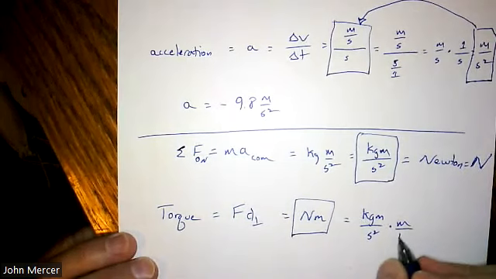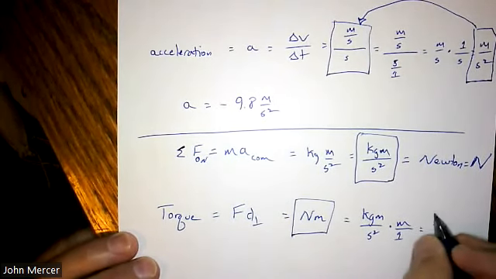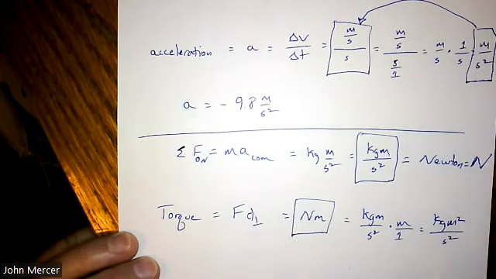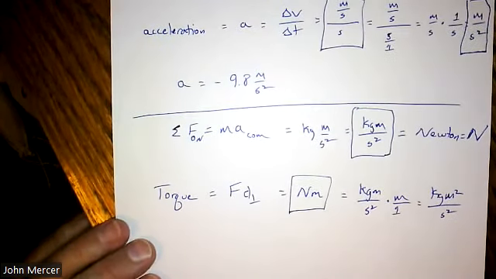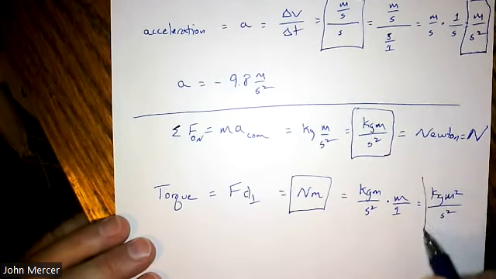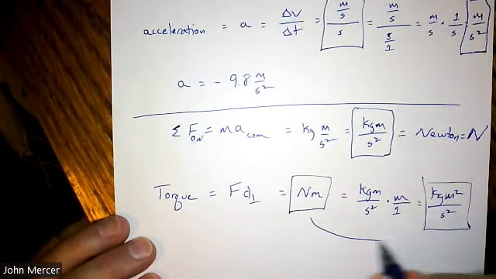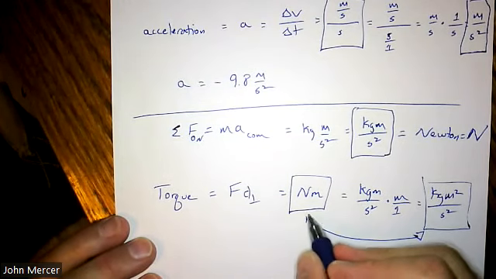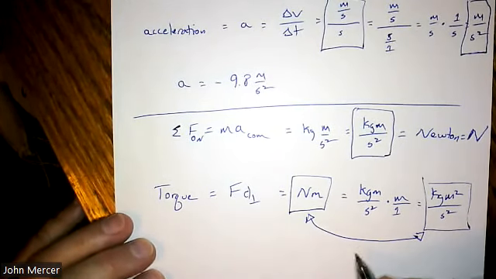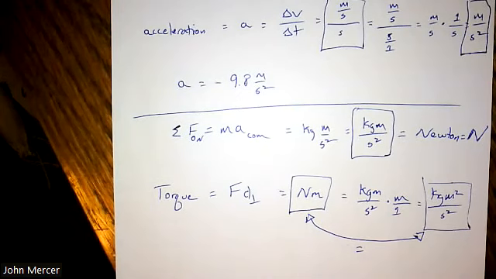And if I put that 1 in the denominator, now I get another set of units, kilogram meters squared divided by second squared. We may actually find it useful at some point to use this set of units versus a Newton meter. They mean exactly the same thing. They're equal to each other. But through a unit analysis, we can discover what the base units are of a particular parameter.